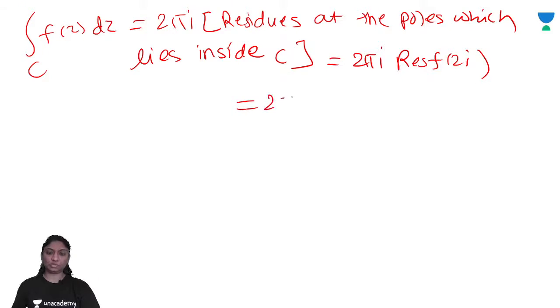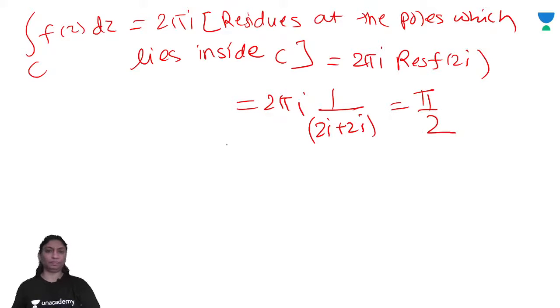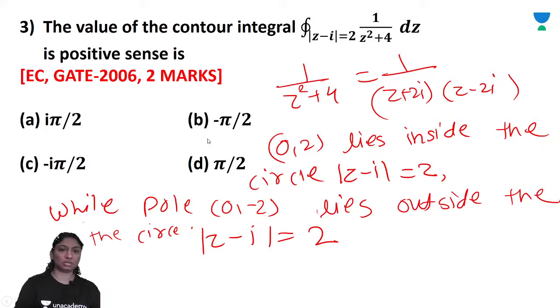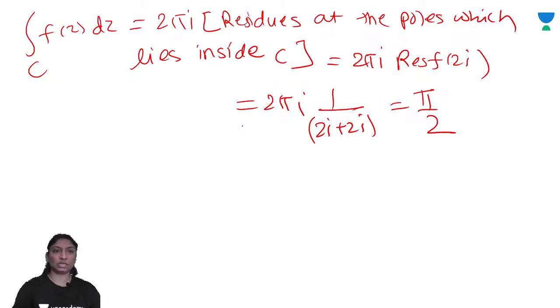So which is equal to 2 pi i into 1 upon 2i plus 2i, which is equal to pi by 2. So the correct option is pi by 2, D. D is the correct option.